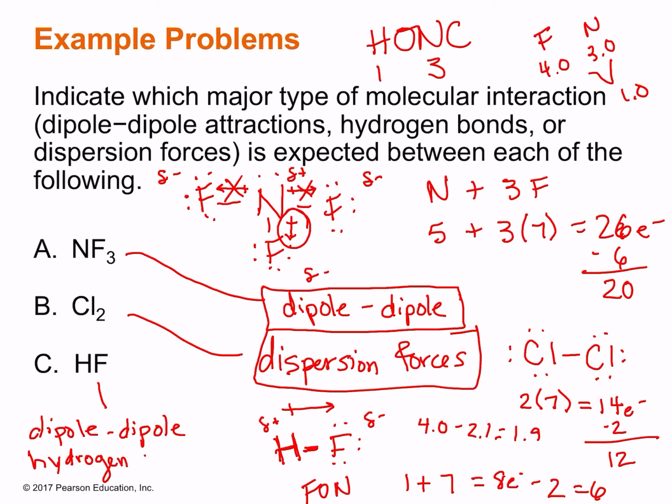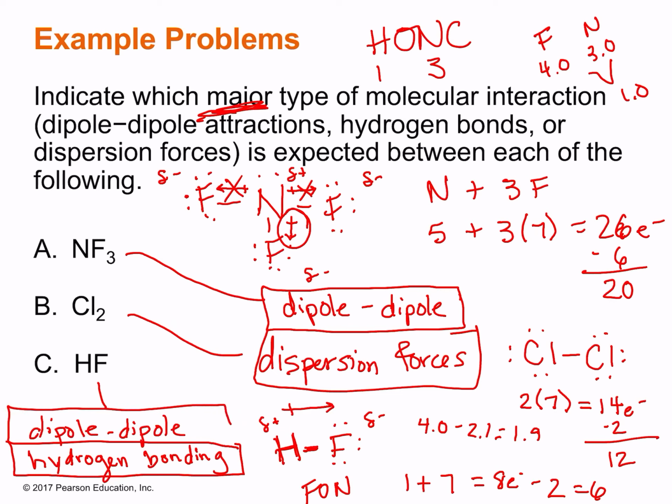Since hydrogen bonding is the stronger force than dipole-dipole, if it asks which major type, we would pick hydrogen bonding. Even though it's polar, hydrogen bonding is a better answer, or you can always put both if you'd like, but you must have hydrogen bonding as part of your answer. If you just put dipole-dipole, I would mark it wrong because hydrogen bonding is also there and it's the stronger force.